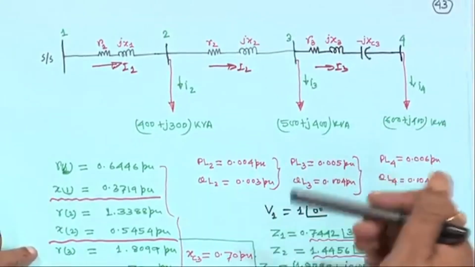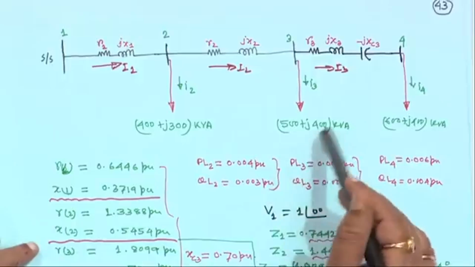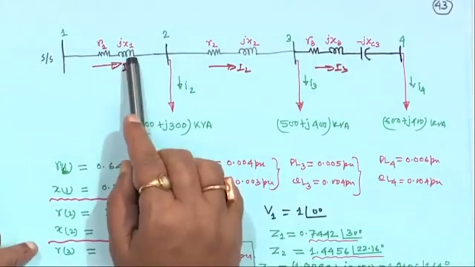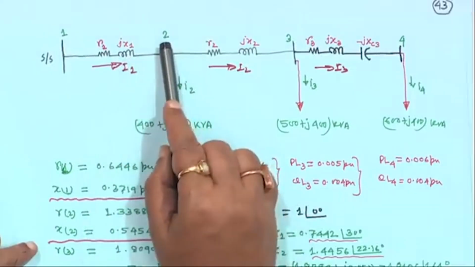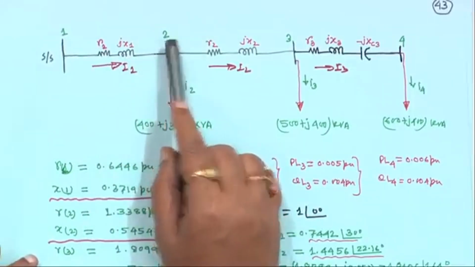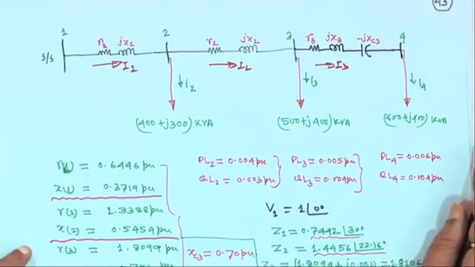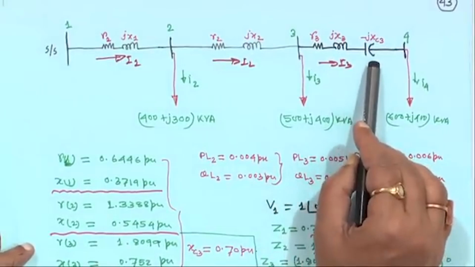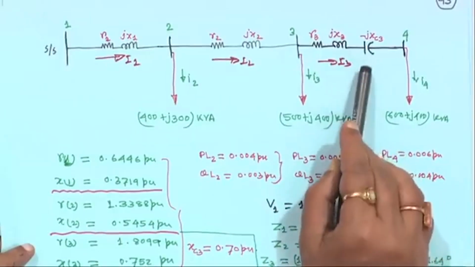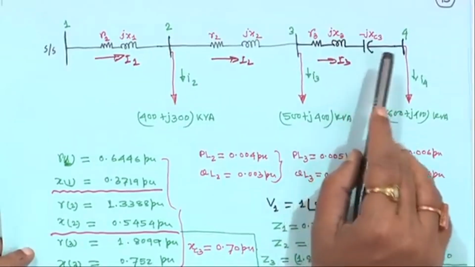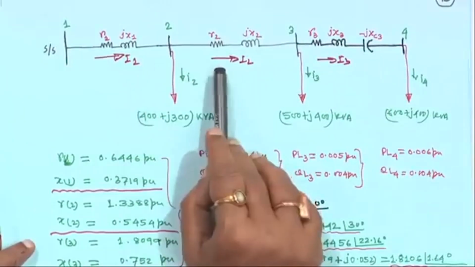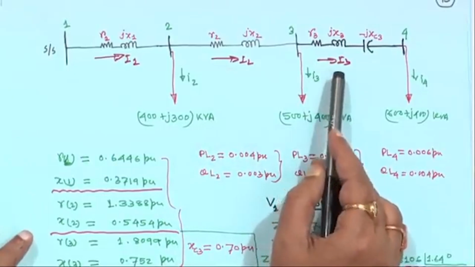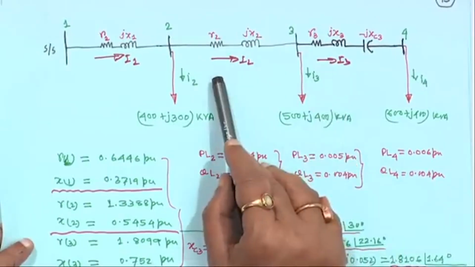So, before proceeding, I suggest that when you take this problem, you put the capacitor here, with whatever value I have taken, and then you will see the voltage of this node will increase, and successively nodes 3 and 4, all the voltages will increase, right. You will also see that I1 and I2 will not change much, even I3 will not change much, but the voltage improvement will be there, though it is a very small system.